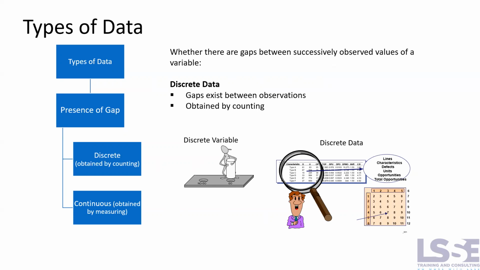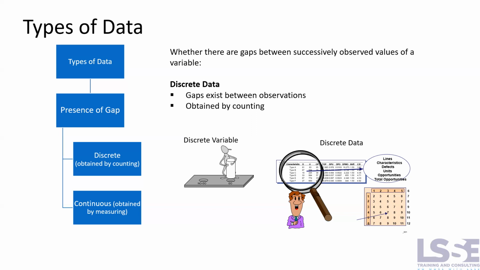Number of scratches in a car is considered discrete data because you count 1 scratch, 2 scratches, 3 scratches. There is a gap between 1 and 2. You don't say there's 1.2 scratches in a car. You don't say there's 1.8 scratches in a car. It's just 1, 2, 3. Okay. And this type of data is considered discrete.